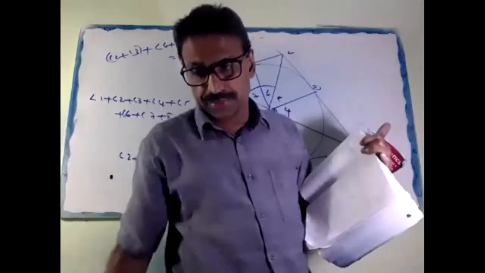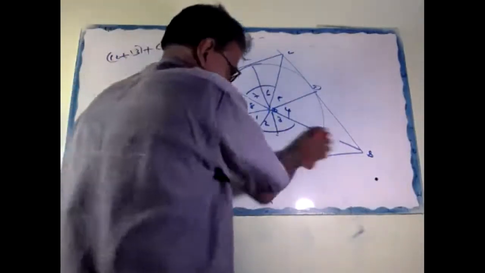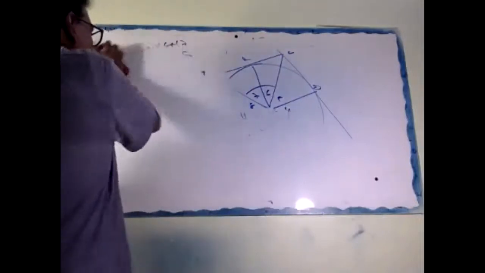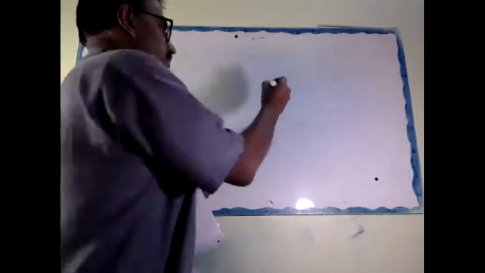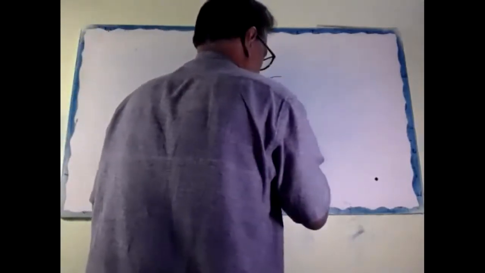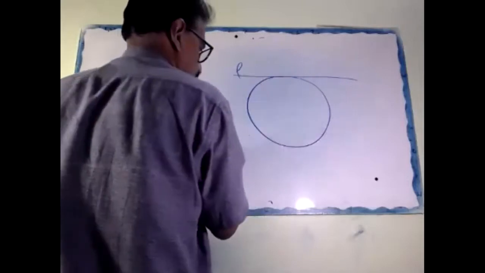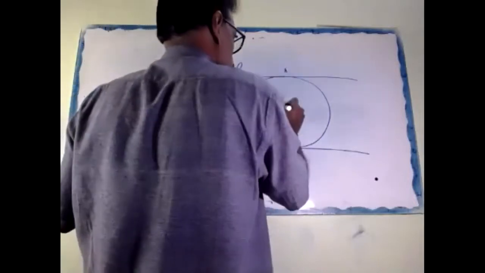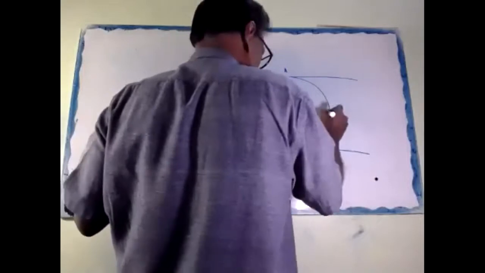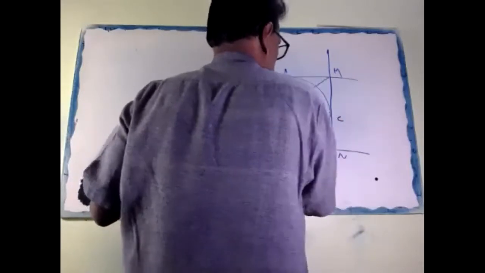Okay. Look here, the figure is here. This is L, M. Here A, the center, B, here one tangent at C. Show that angle MON is 90 degrees.